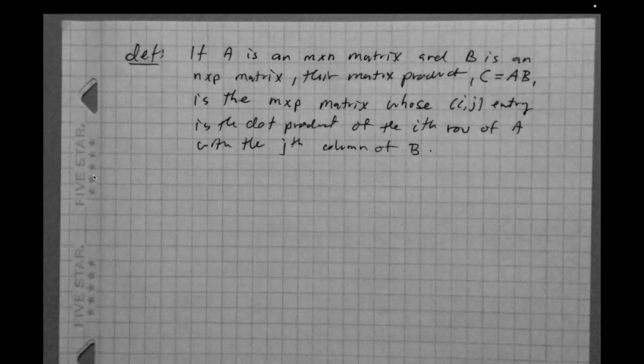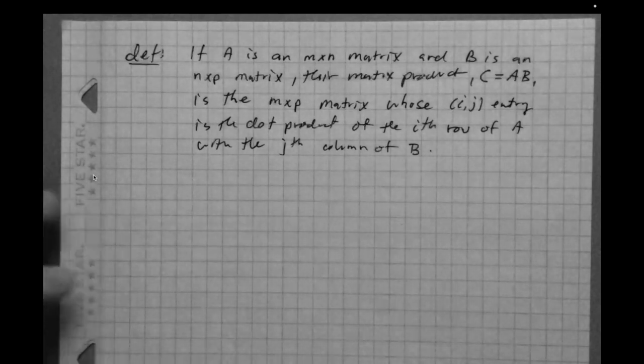And the new matrix is going to be built entry by entry using the dot product, where the ij entry is the dot product of the ith row of A with the jth column of B. Okay, let's draw a picture.